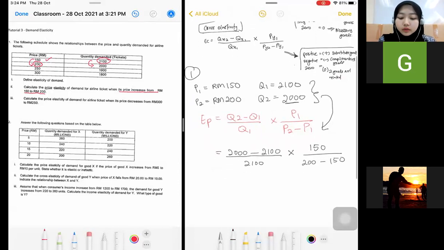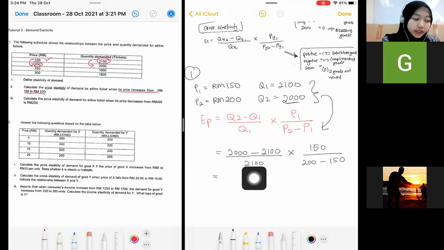Once you have placed your numbers in the formula, then calculate. What answer did you get? 2000 minus 2100 divided by 2100, you will get negative 0.05.